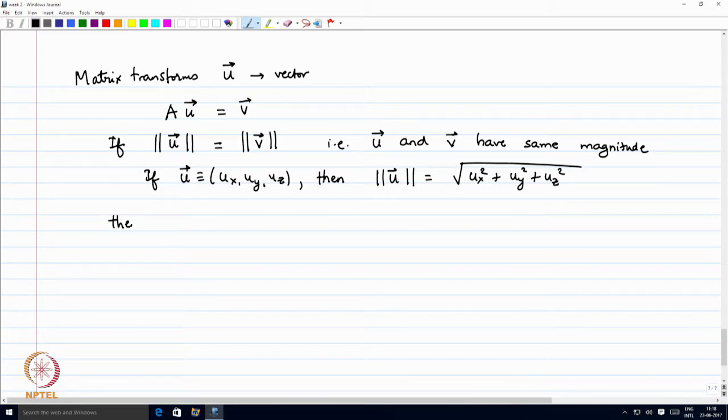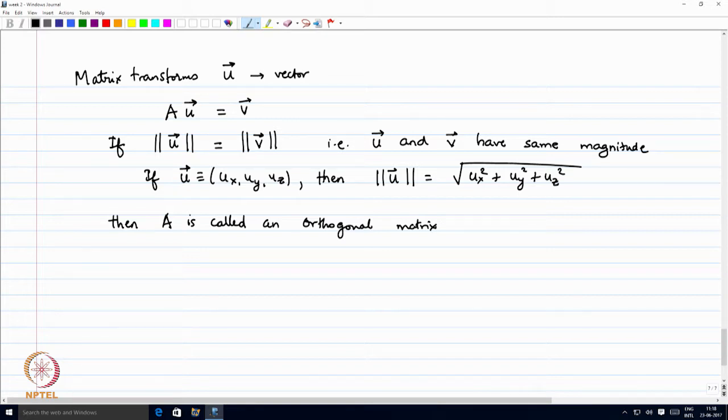Then A is called an orthogonal matrix. Okay. If it transforms a vector such that it gives another vector with the same magnitude, okay, then A is said to be an orthogonal matrix.